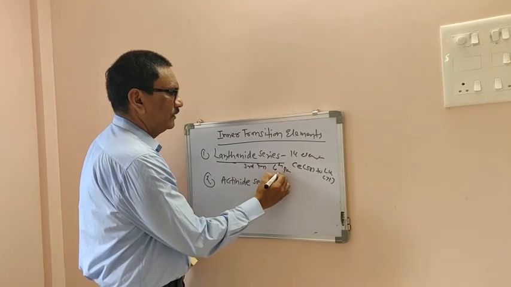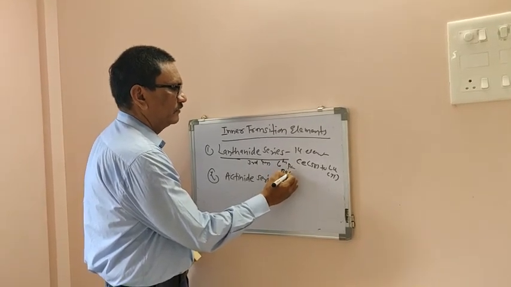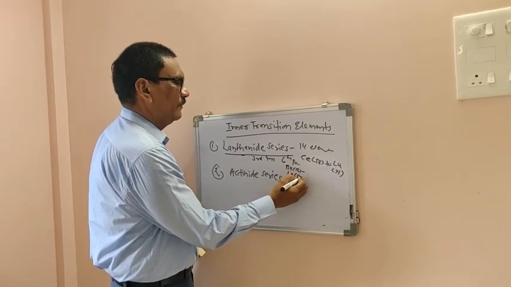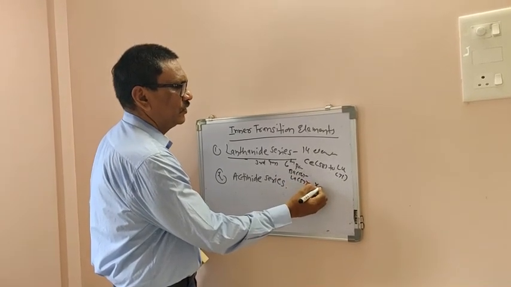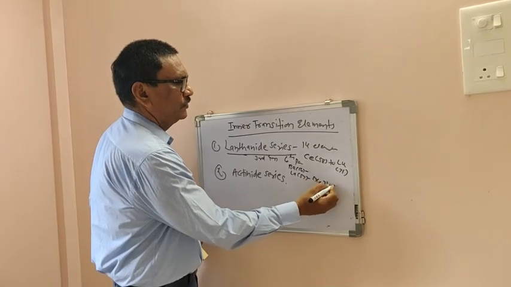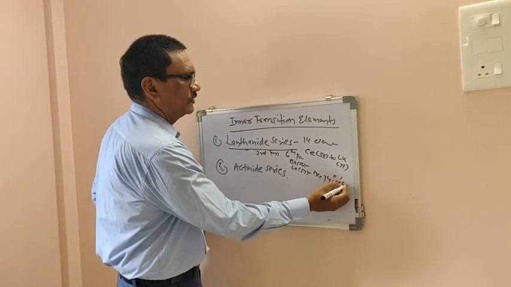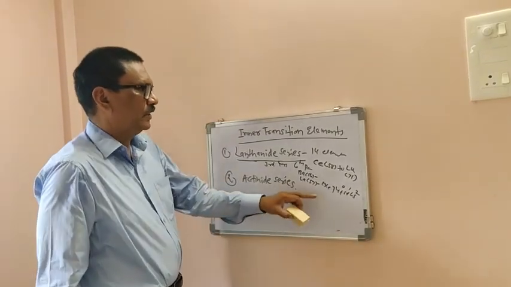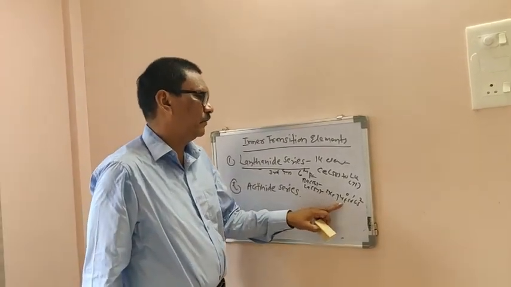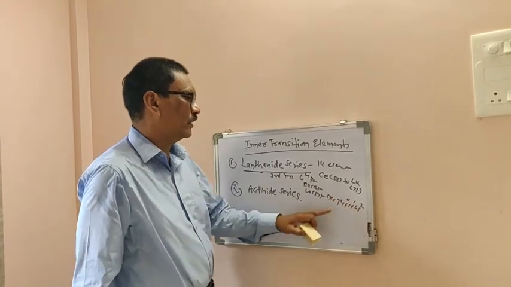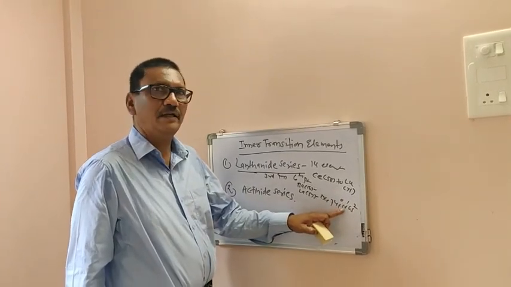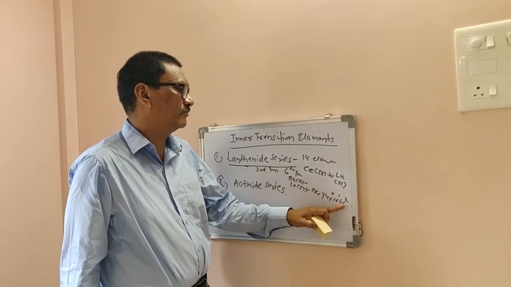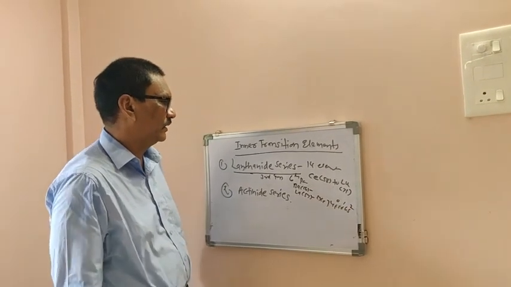The atomic number of barium is 56, and after that lanthanum comes at 57, with the configuration xenon 4f0 5d1 6s2. So here no electron is present in 4f, while there is one electron in d and two electrons in the s orbital.